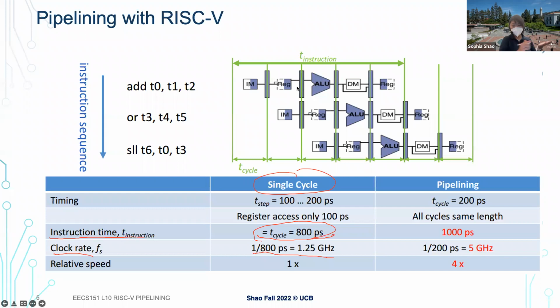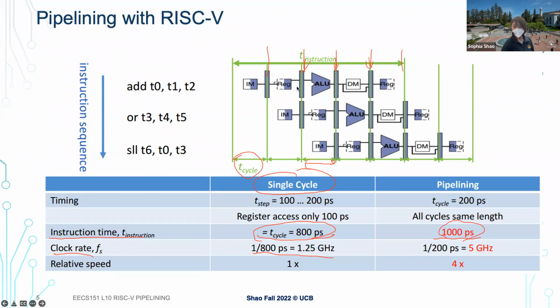So it still takes a while to execute my instruction, but I can separate it into multiple stages, while my cycle time is really just for each execution stage. In different cycles, different parts of my pipeline are active processing different instructions. So my instruction time may actually be longer because I'm adding a lot of those registers, and my cycle time needs to be the maximum, the slowest stage, so that we can accommodate everything.